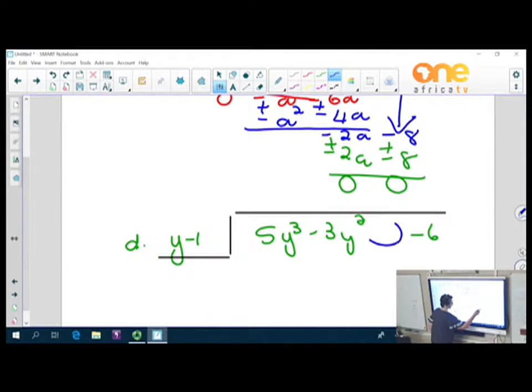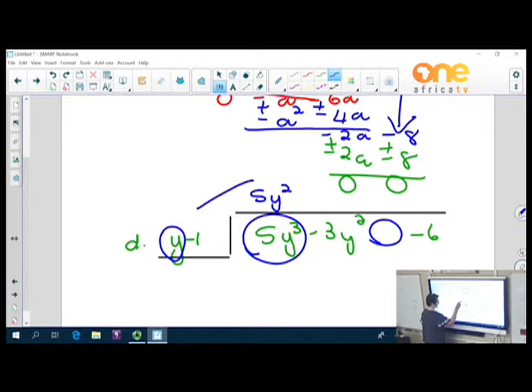Again, I left open a position for y. There is no y. I divide, so this is 5y squared, multiply, so I have 5y to the power of 3 minus 5y squared.